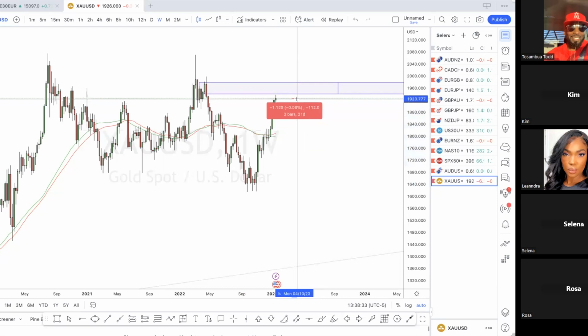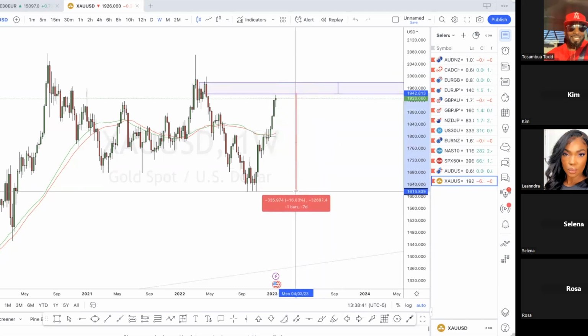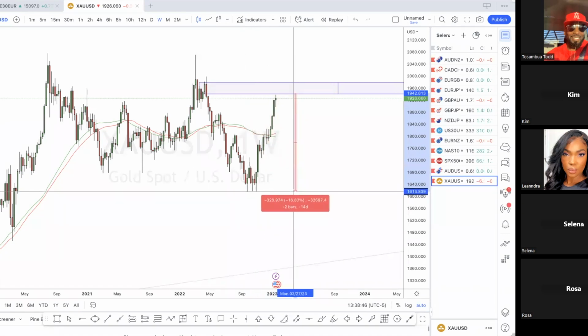Or more, because I did it from here instead of somewhere up in here. Got these equal lows right here, or these triple bottoms, 3,200 pips.